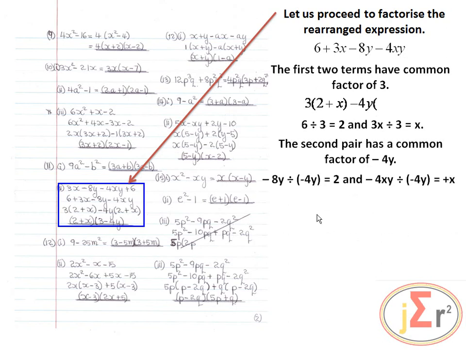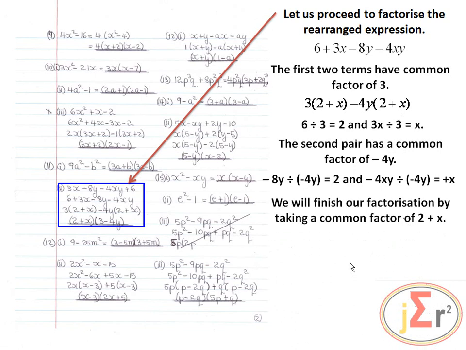Negative 8y divided by negative 4y is 2, and negative 4xy divided by negative 4y is a positive x. Negative divided by negative is equal to positive on both occasions, and we have the negative 8y divided by negative 4y, and that is a 2 right there, and then we have the positive x right there.